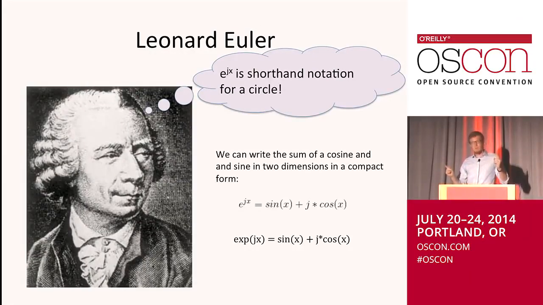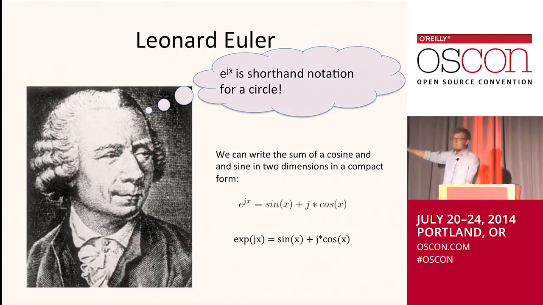is useful but complicates your lives, because he figured out that if you took the sine of some value and added it to j, which is the square root of -1, multiplied by the cosine of the value, that amazingly equaled e raised to the power of j times the value. It's pretty astounding that that works out.